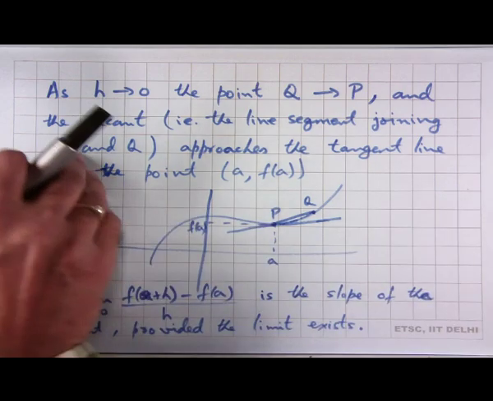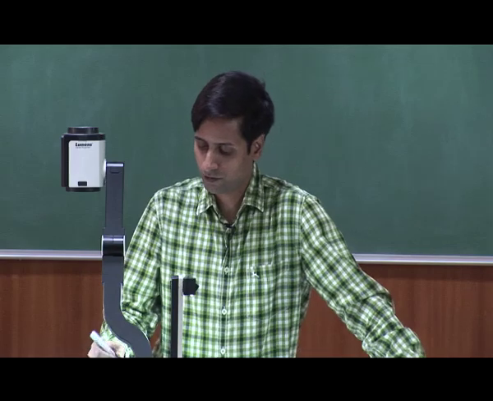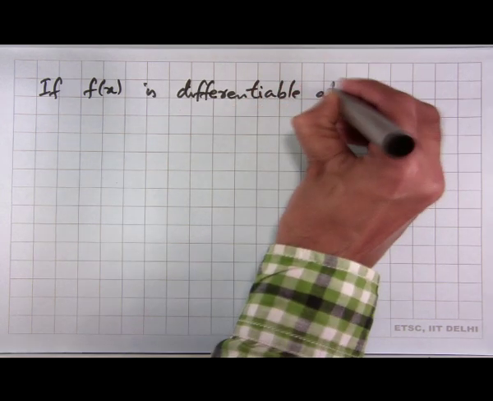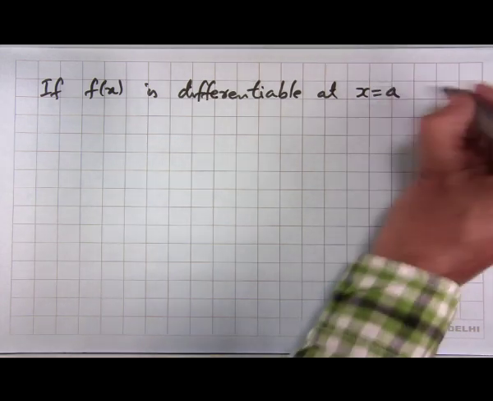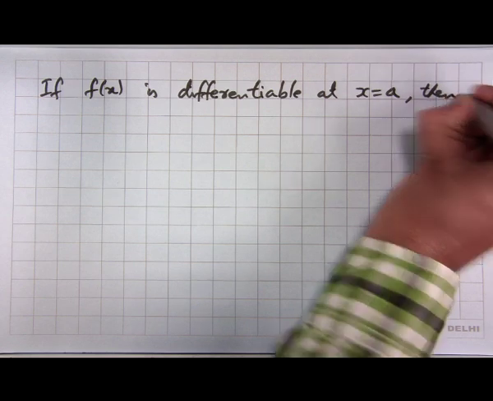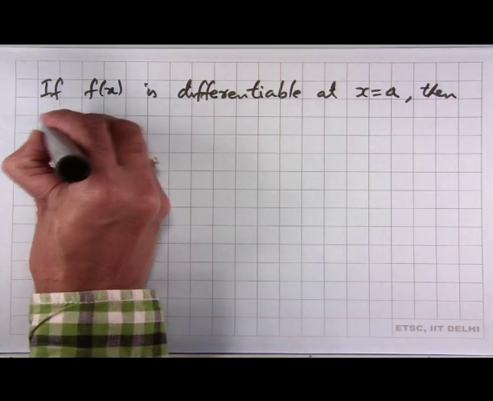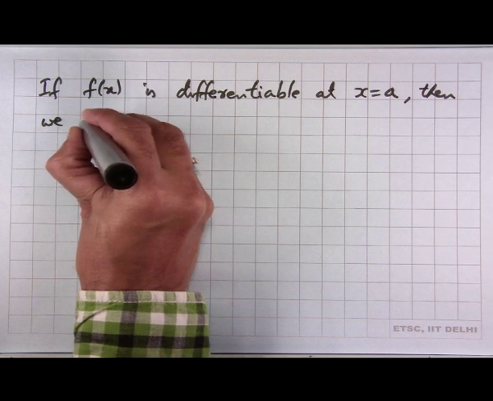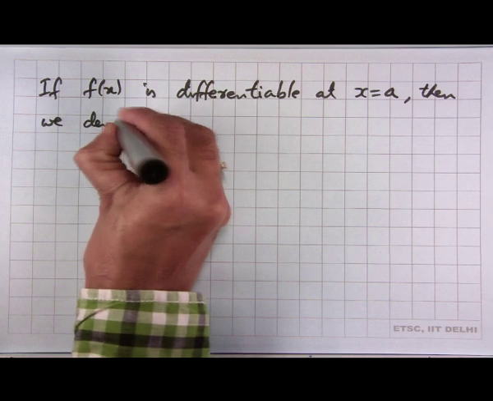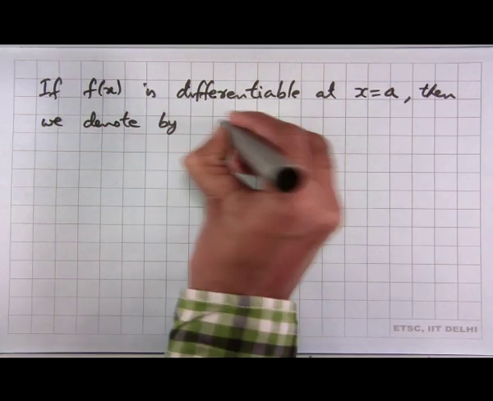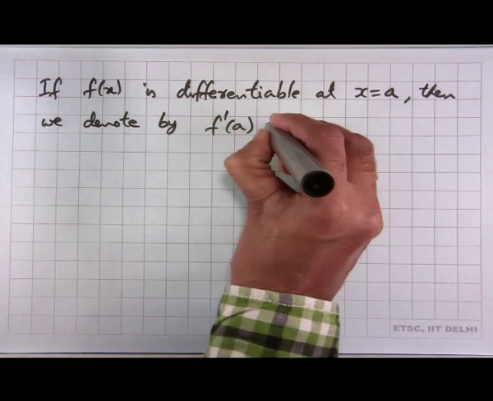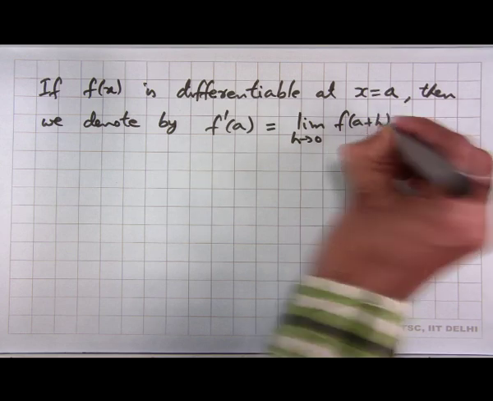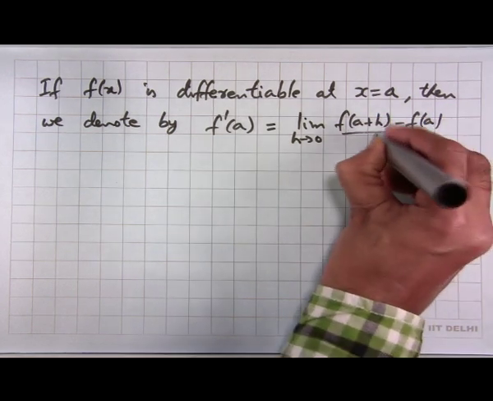Okay, so if the function is differentiable, so if f of x is differentiable at x equal to a, then we denote by f prime a this limit, f of a plus h minus f of a divided by h, right.